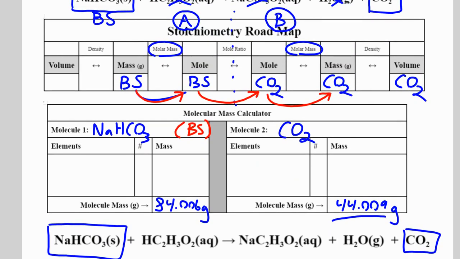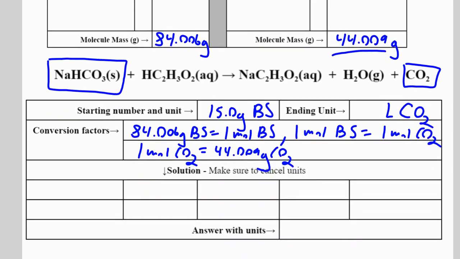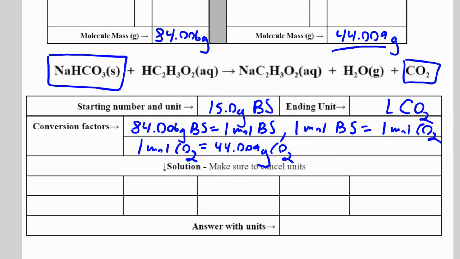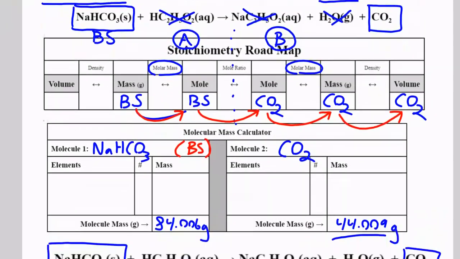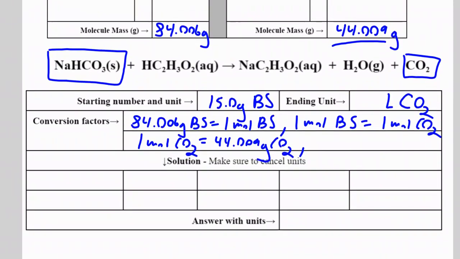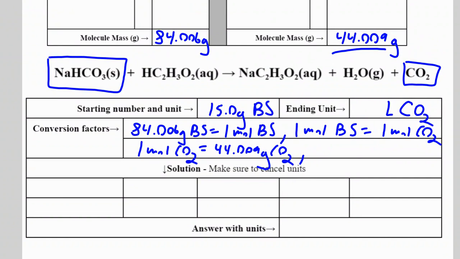Finally, my last step, I'm going to use the density of carbon dioxide to convert from mass of CO2 to volume in liters of CO2. So that density, which I get from reading the problem, is 1.10 grams per liter. So in other words, 1.10 grams of CO2 is equal to 1 liter of CO2. So I'm going to use that density as a conversion factor.